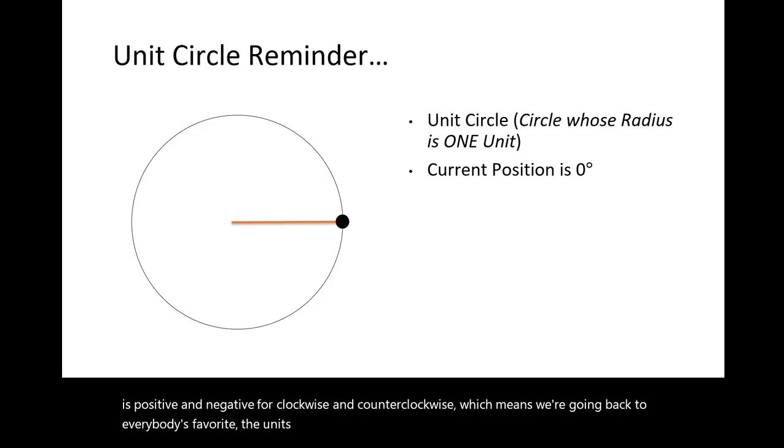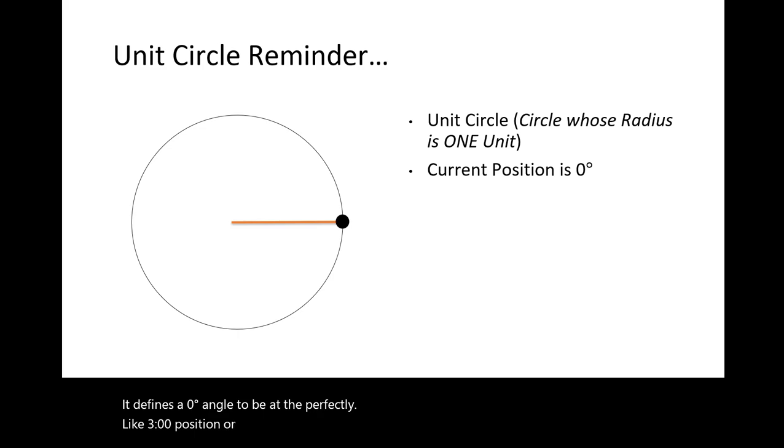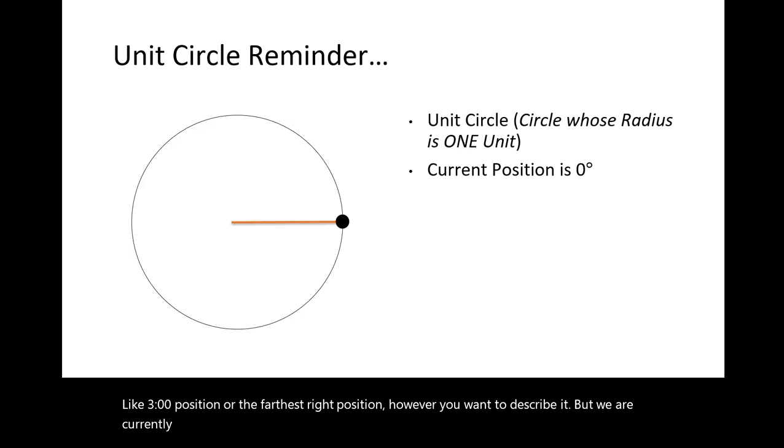So just a reminder that the unit circle defines a 0-degree angle to be at the perfectly 3 o'clock position or the farthest right position, however you want to describe it, but we are currently at angle equals 0.